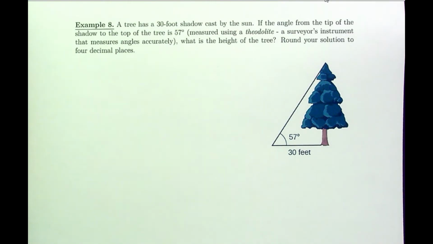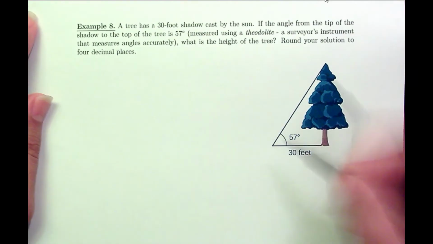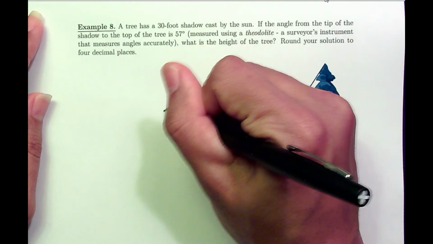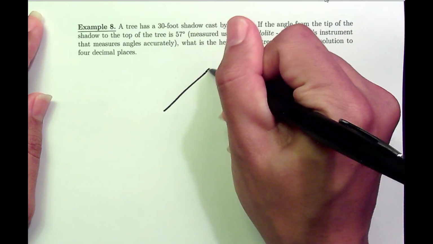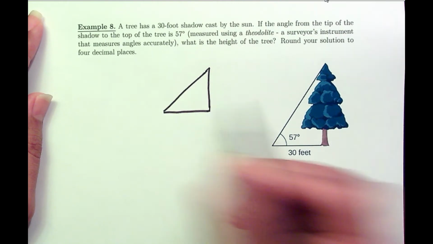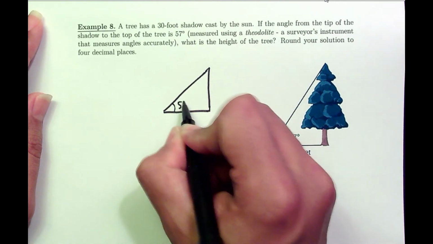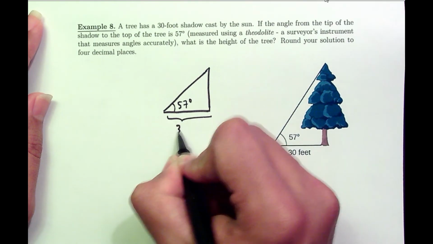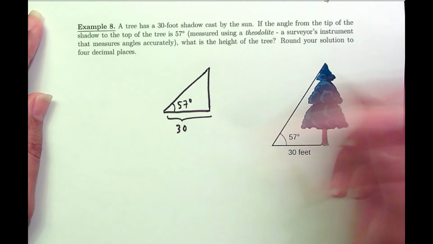Trig makes this very easy. If you look at the picture, what we really have going on is a triangle, which I'm going to draw again here. We have that angle to be 57, and this is 30 feet.